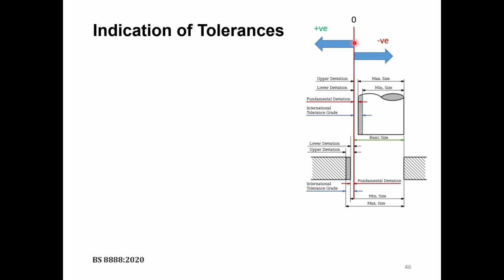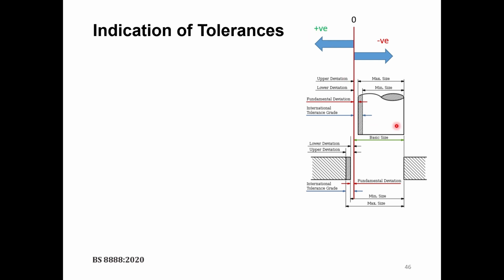At this line, we say this is our zero line, okay? Then any dimension that is lower than the basic size is going to be less than the basic size, so we identify this by negative. Any dimension that is higher than the basic line, or crossing the basic line, is going to be positive.